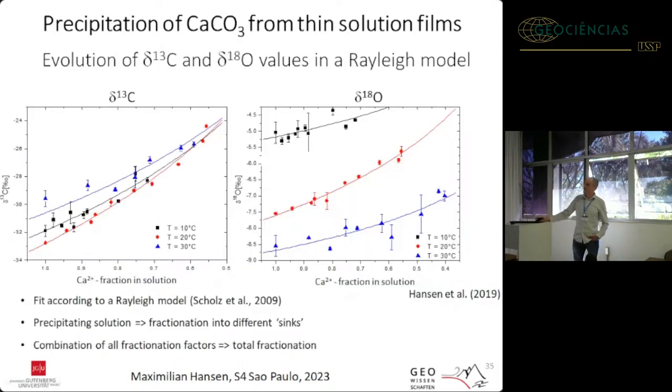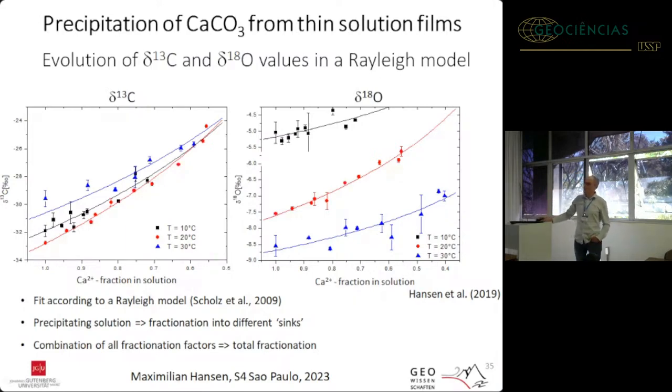So this is what you get if you take the stable isotope values of the DIC. This is again a plot for 30 degrees C, delta 13C and delta 18O, but this time plotted against the remaining calcium fraction in the solution. This can be calculated from the plot I showed you in the beginning, the exponential decrease of calcium ions in the solution.